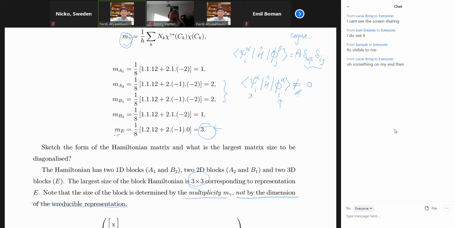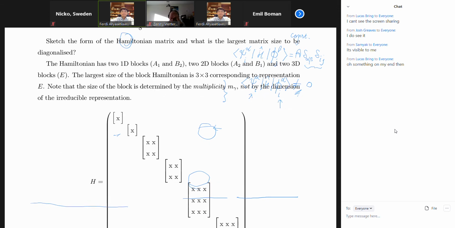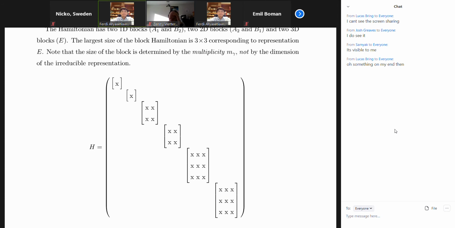It is an important point that you have to think about. So if you look at the sketch here, you see that you have this kind of structure for the Hamiltonian.